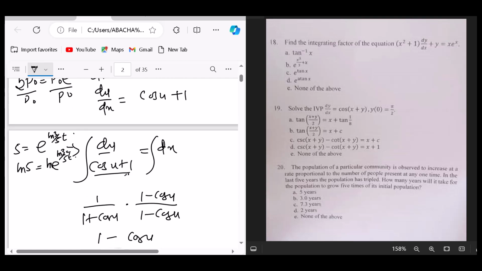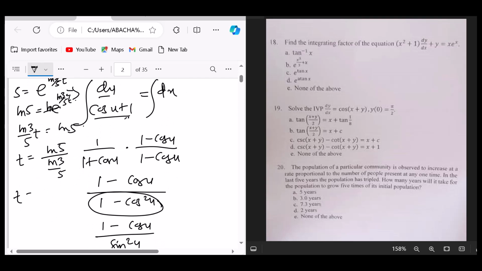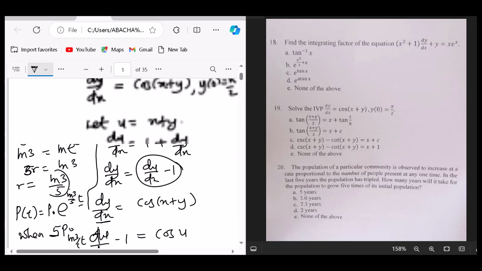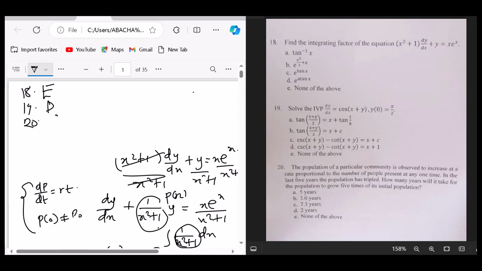And so this will give us 1, and so we will have (ln 3 over 5) t equals ln 5. Our t is equal to ln 5 over (ln 3 over 5), and using your calculator you get 7.3. That was just 7.3 years, and our answer there is C. So question 20, the answer there is C.